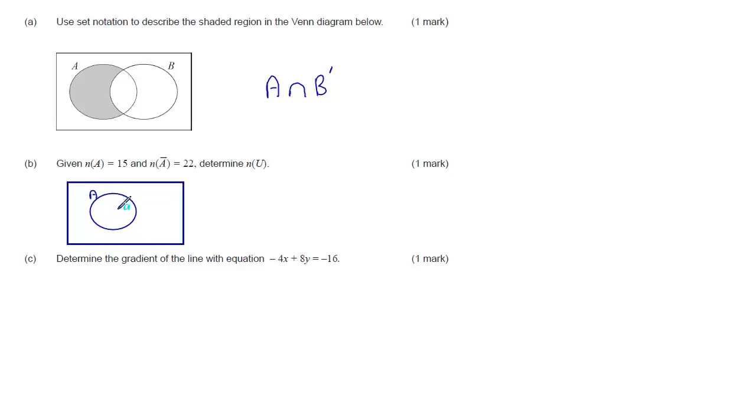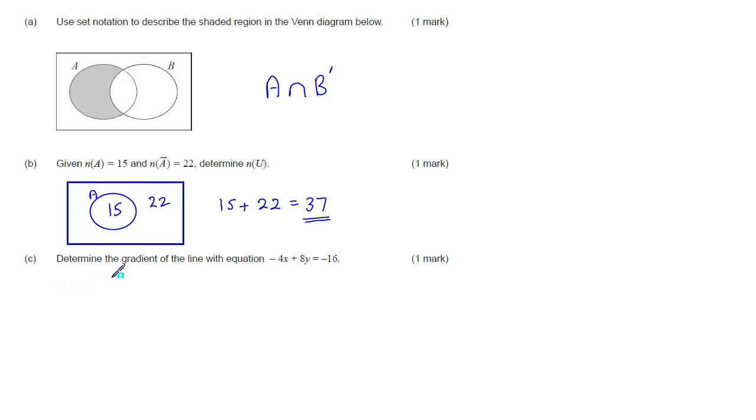Things are either in A or they're not in A. So this is 15, this is 22, and therefore the universal set must just contain 15 plus 22 is equal to 37 elements.